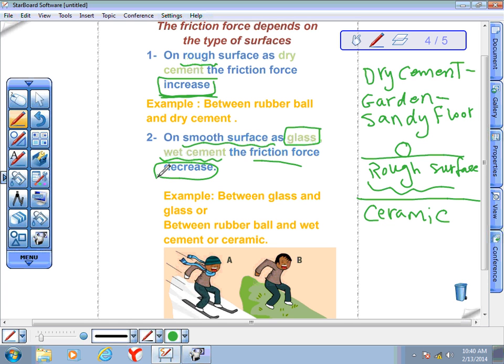We can do this activity again, but by changing the surface and rolling the ball on a smooth surface. We found that the ball will move for a long distance.